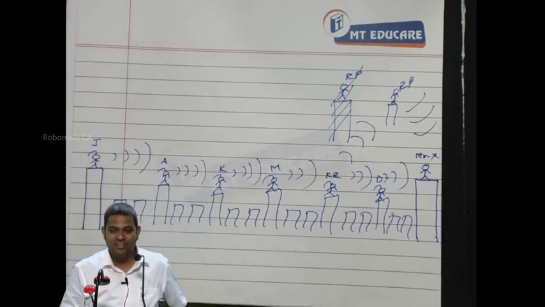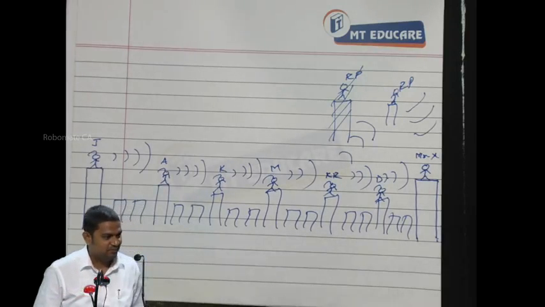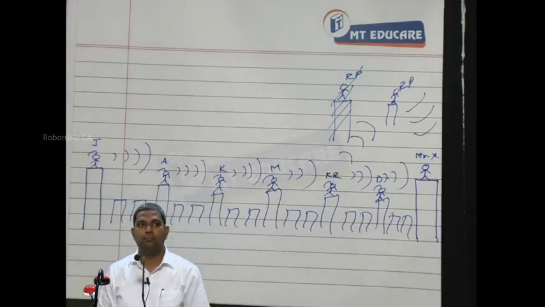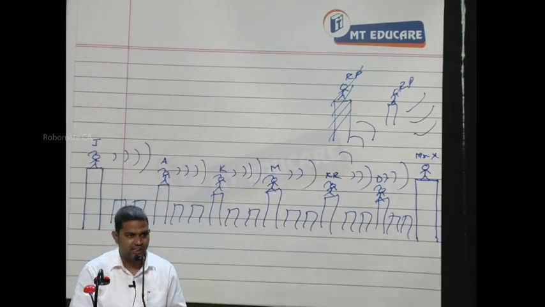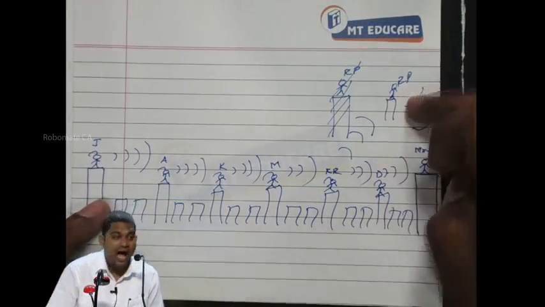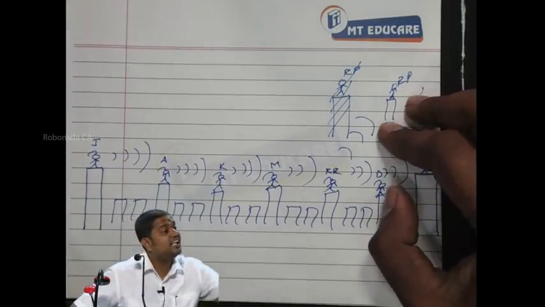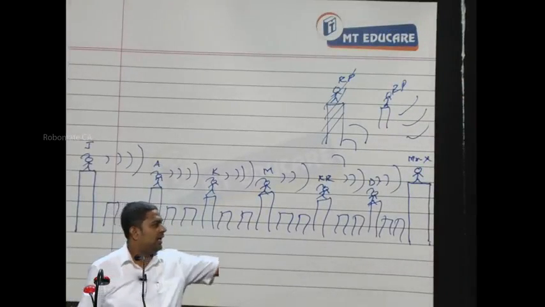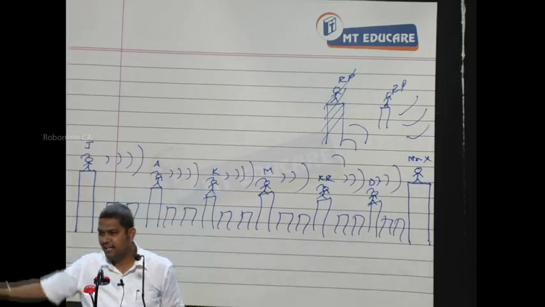Are you understanding now? If you have understood this story, you can understand what an intelligent hub is. See, all these are active hubs. But RP is playing the role of an intelligent hub. What is an intelligent hub? A passive hub accepts the data and sends it ahead.